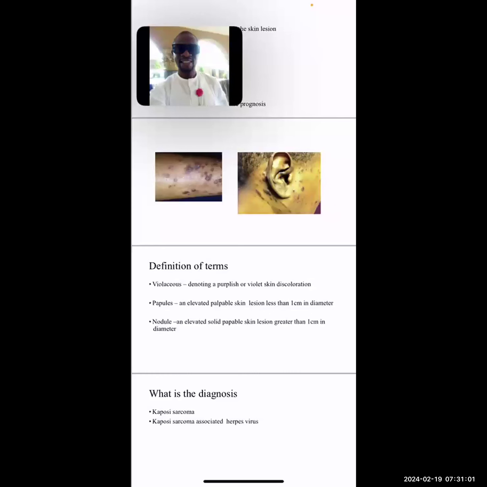In patients who have Kaposi sarcoma, the violaceous description is usually due to it being a highly vascular tumor, or a highly vascular lesion, usually due to the red blood cells and even deposition of hemosiderin that gives it that violaceous presentation. Even in Black patients it is quite visible. A papule is an elevated palpable skin lesion less than 1 centimeter in diameter, while a nodule is an elevated solid palpable skin lesion greater than 1 centimeter in diameter.